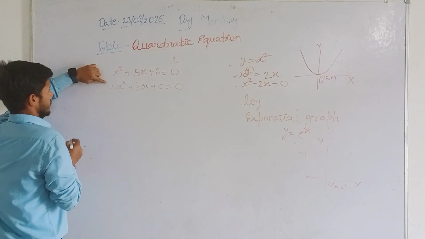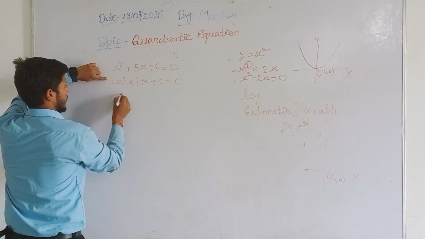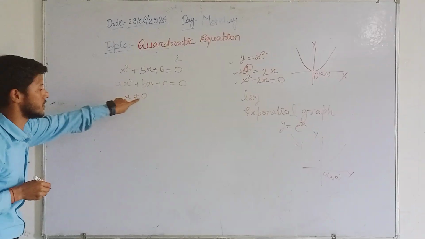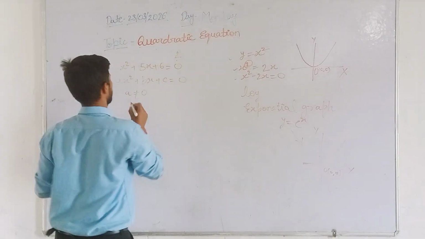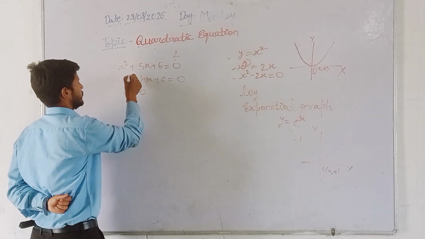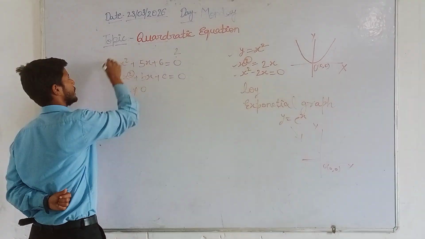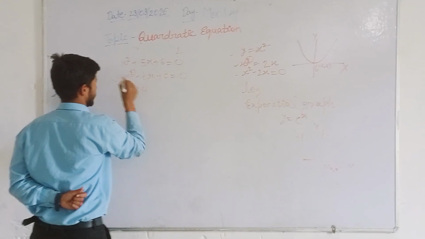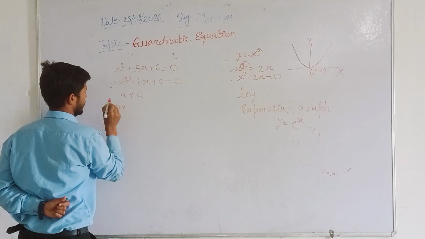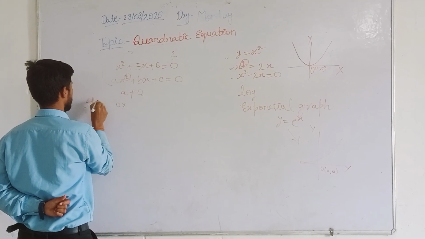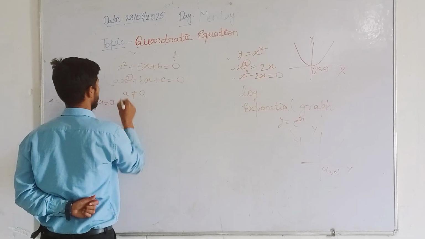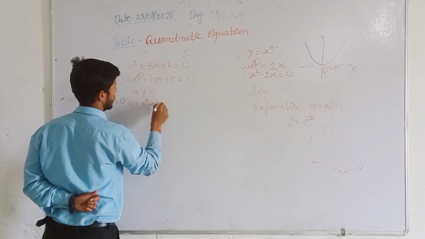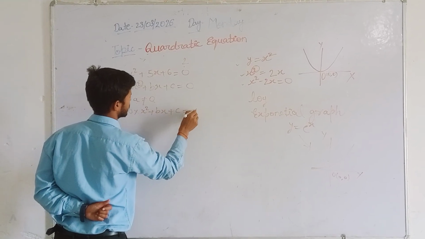Right? For a quadratic equation, a doesn't equal 0. Why am I saying a doesn't equal 0? Because when x has a 2-degree term, then it can be a quadratic equation. If a is equal to 0, then 0 into x square plus bx plus c is equal to 0.